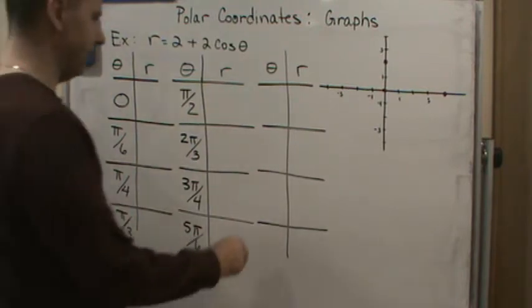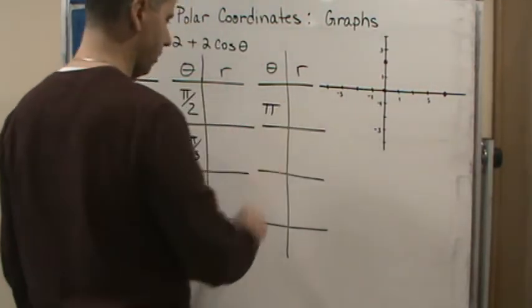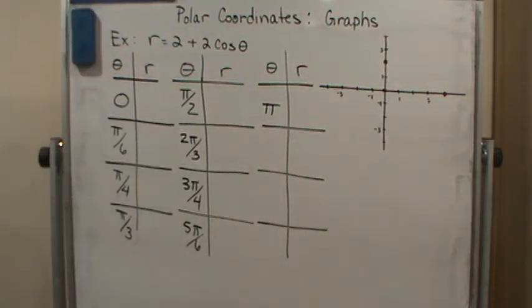And then we've got pi. Okay? And so now let's plot these points.